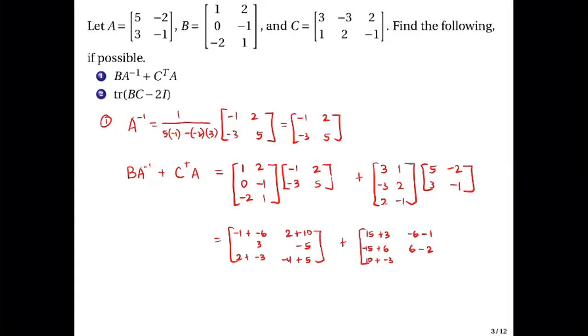Then 2 times -2, that's -4. -1 times -1, we have +1. Okay?